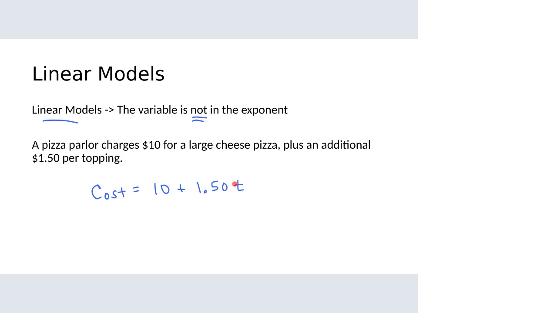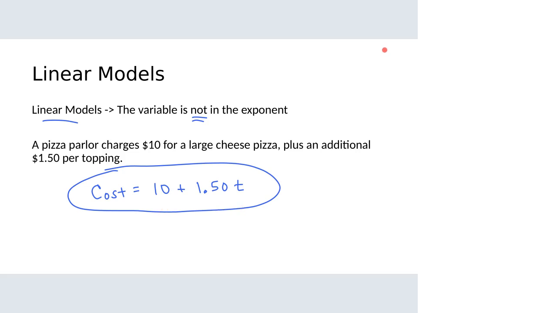Mathematical modeling can sound like a very challenging, difficult kind of topic. But honestly, all we're doing is creating an equation that represents a real world situation. And we've done that here. If I multiply $1.50 times the number of toppings plus the $10 just for a cheese pizza, that gives me the total cost.